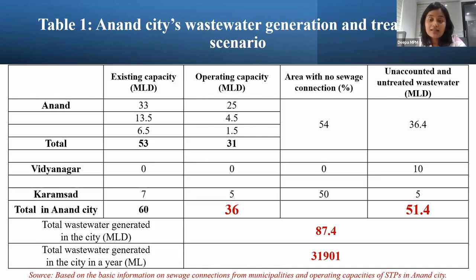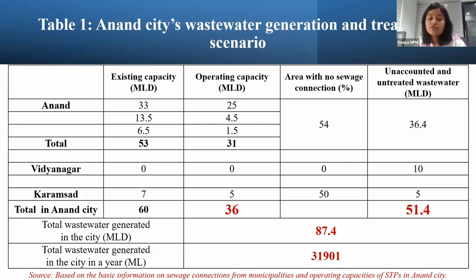Adding that, 87.4 MLD is the total wastewater generated in Anand city daily. If we calculate it for a year without considering seasonal factors, it comes to around 31,901 MLD per annum.